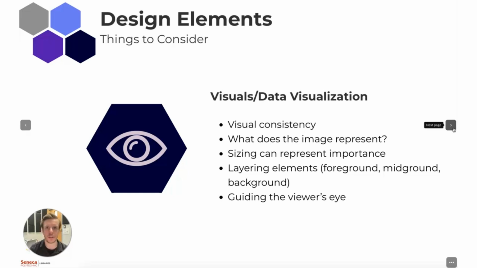Also, when it comes to a video, think about layering elements. When you're creating a video where we have things that appear, think about timing and when it appears and how, if you wanted to overlay on top of each other. But if you're filming in the Seneca Sandbox spaces, think about what you want in your foreground, your background, where you want your subject to be, what kind of background do you want. You can use a green screen, you can use a backdrop, so many options to think about.